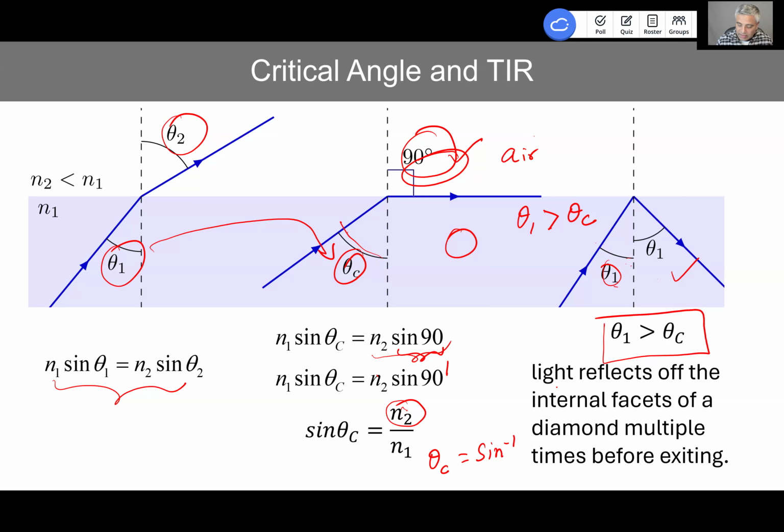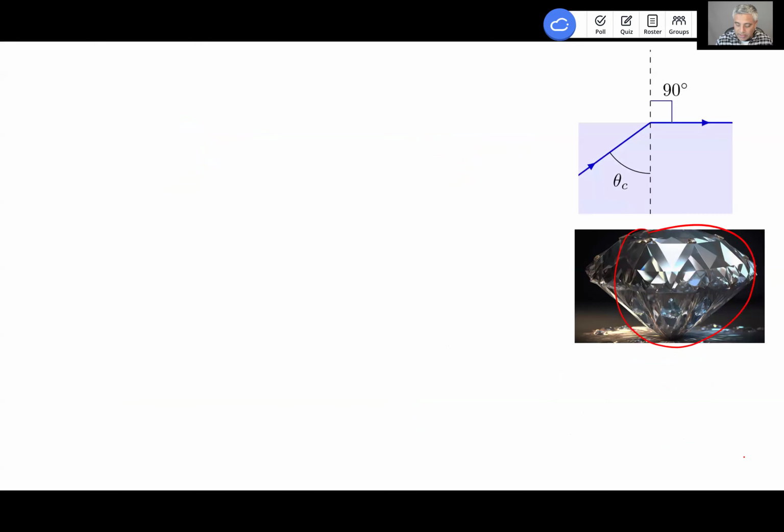Okay. Light reflects off the internal facets of the diamond multiple times before exiting, and because of that, it appears bright inside when you look from a particular direction. This image I grabbed from somewhere. It looks like this is just a drawing rather than an actual photograph of a shining diamond.